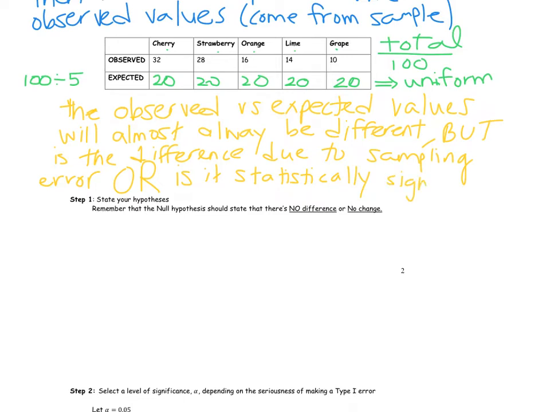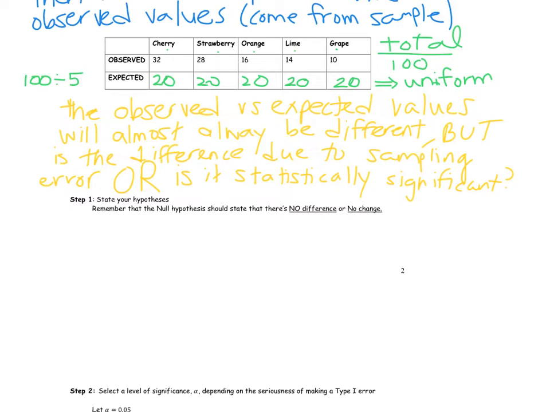So is there a significant difference between the two? And this isn't an opinion. We would actually have to put it on our chi-square distribution and see if the distribution is significant. Is it considered unusual?